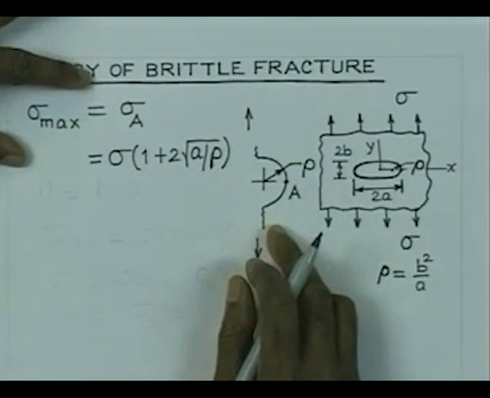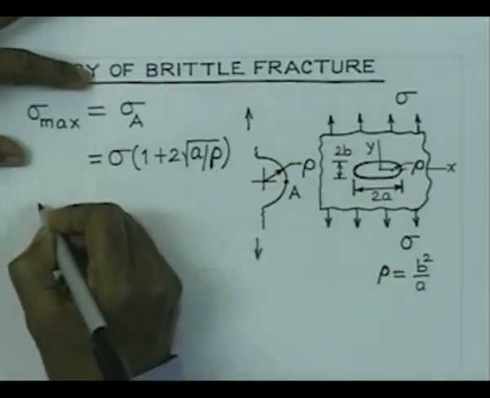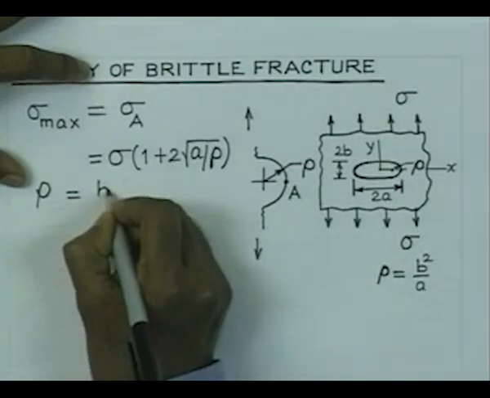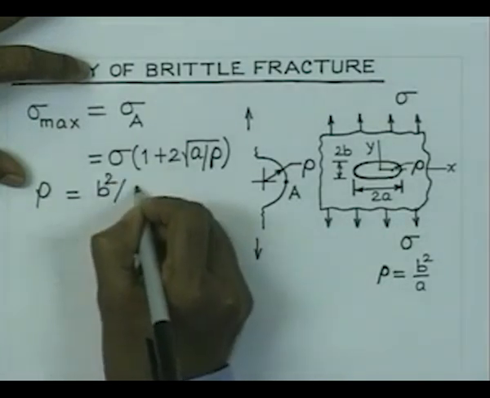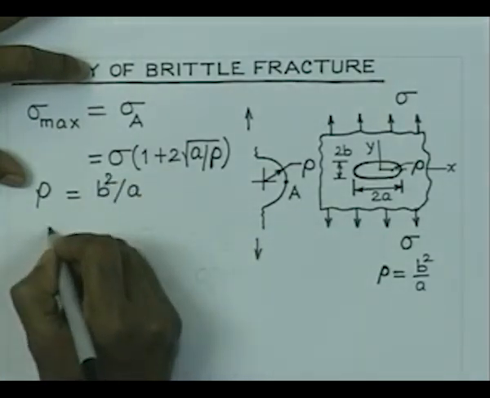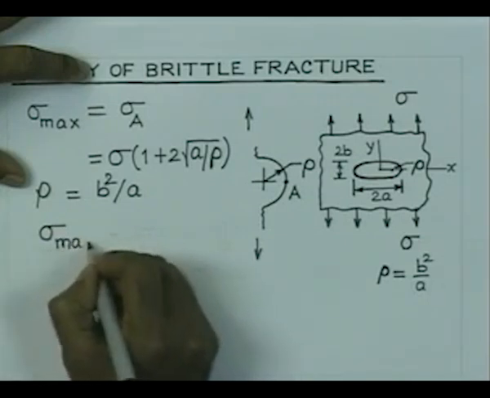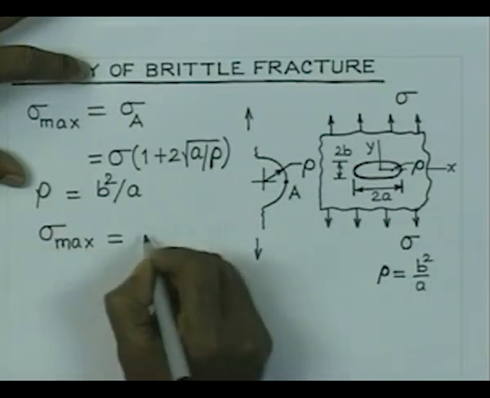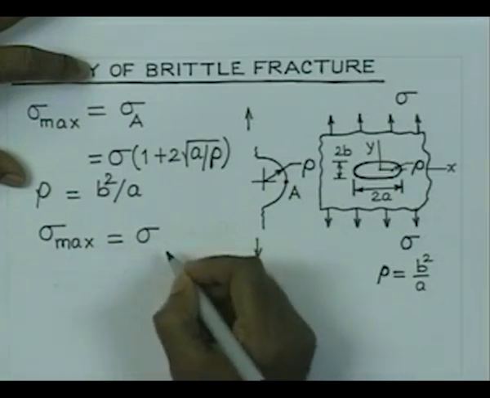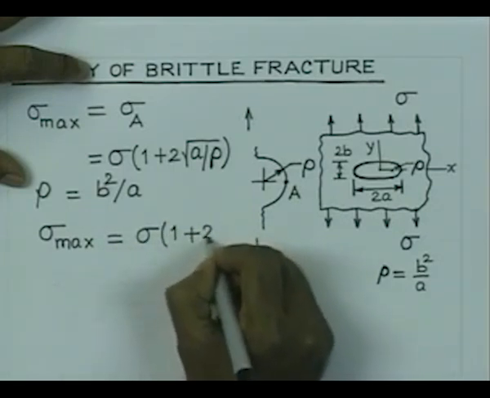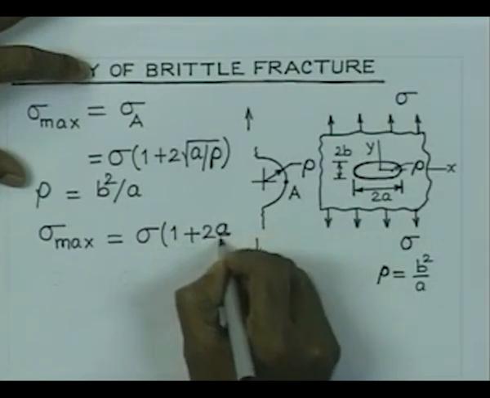That is the value, and this rho, as I have indicated, is nothing but b square by a. Hence, if we now simplify by putting rho equal to b square by a, then this maximum stress is given by 1 plus 2 a by b.